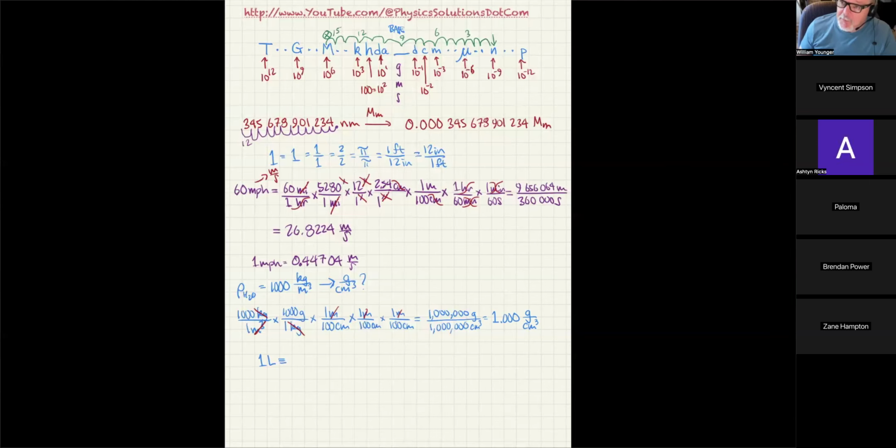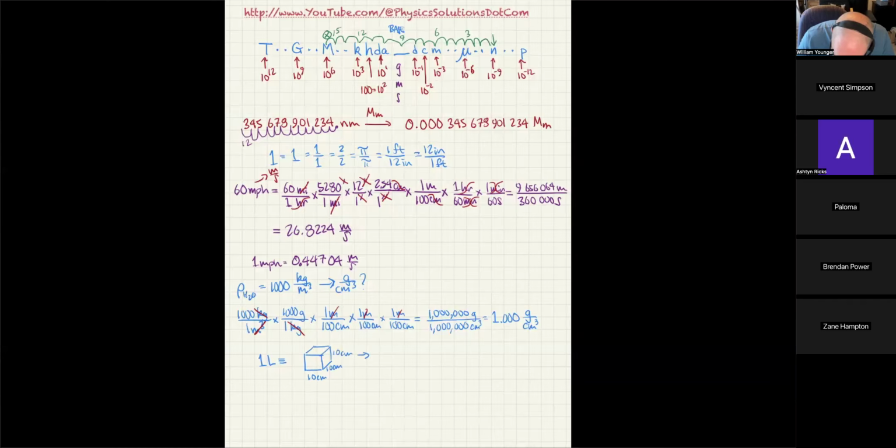If you write a triple equal sign like that, that means "is defined to be." So the liter is defined to be a cube that is 10 centimeters on each side, so 10 centimeters by 10 centimeters by 10 centimeters. That is 1 liter.